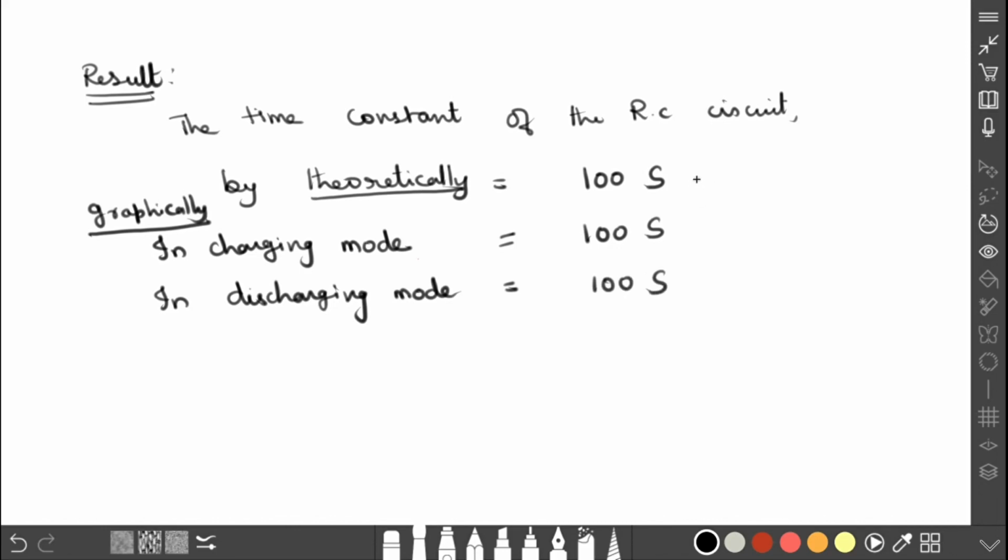This is the way you have to write the result: the time constant of the RC circuit in charging mode is 100 seconds, in discharging mode 100 seconds, and theoretically also 100 seconds. Now we have completed the experiment.